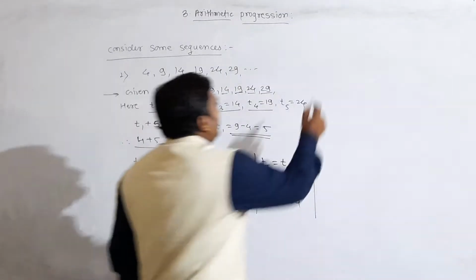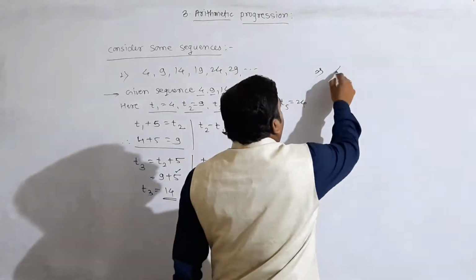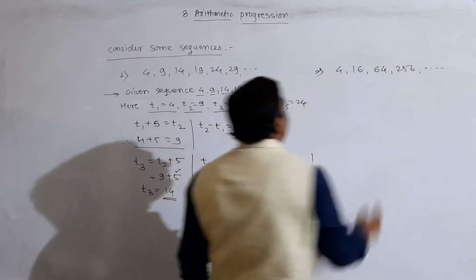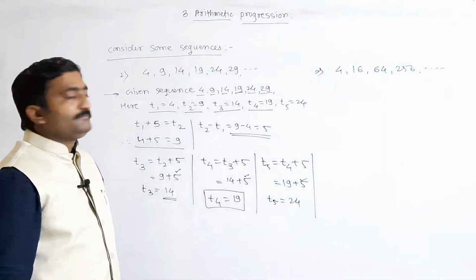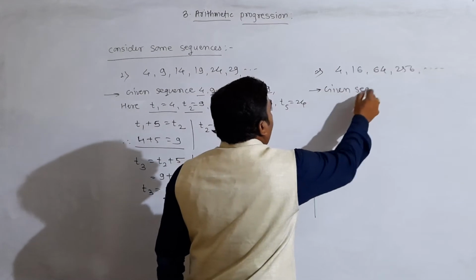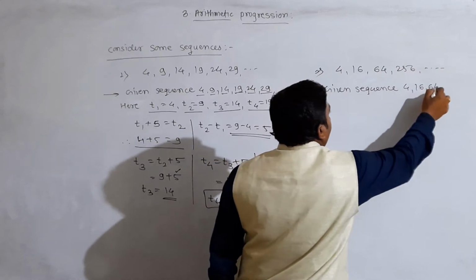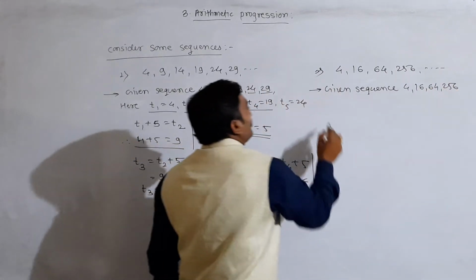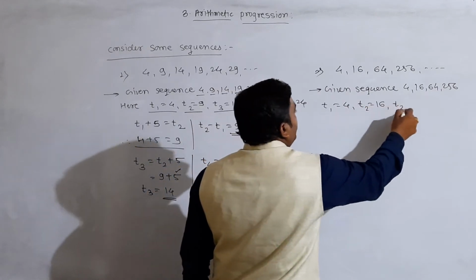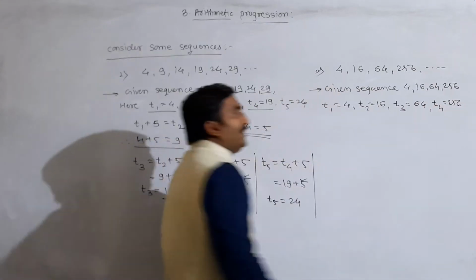So consider here another sequence: 4, 16, 64, 256. The given sequence is 4, 16, 64, 256. It means T1 is equal to 4, T2 is equal to 16, T3 is equal to 64, T4 is equal to 256.